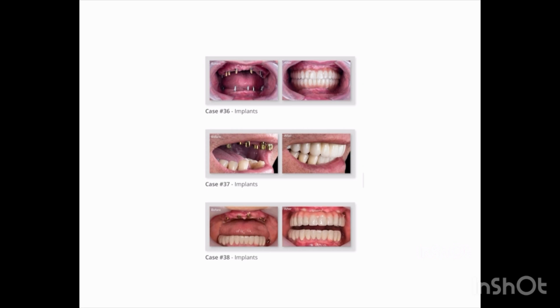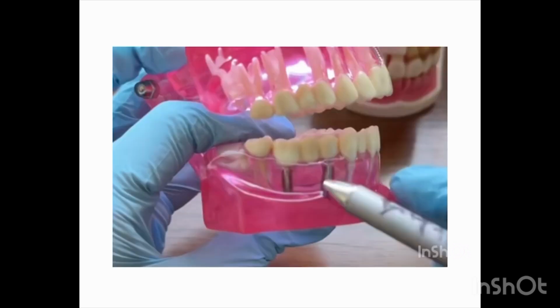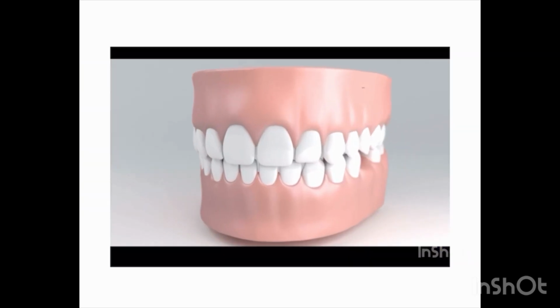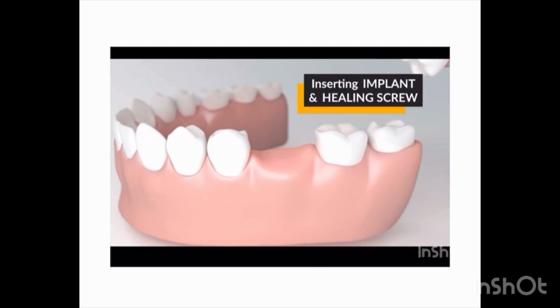It can be done either in a single tooth or for the complete arch at various anchorage sites. This is the implant. You can see it is one of the models. This is how it looks, the pinkish colored highlighted tooth. It is the implanted tooth, and this is the whole video.